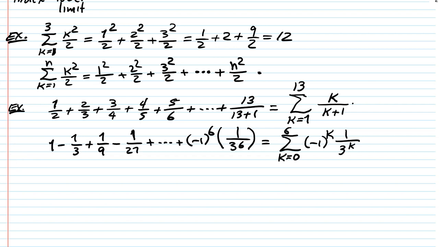Now, if you wanted k to start with 1, then we may have to do some adjustment, right? So how is that going to work? Well, if I want k to start with 1, remember, so here I have to have 3 to 0. This doesn't change. 3 squared, 3 cubed, and so on. So if I want k starts with 1, so that means when k is 1, I have to get 0 here, right?